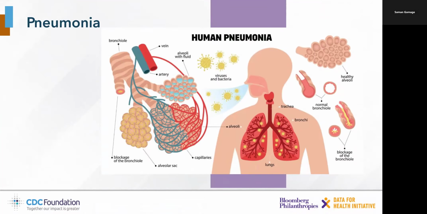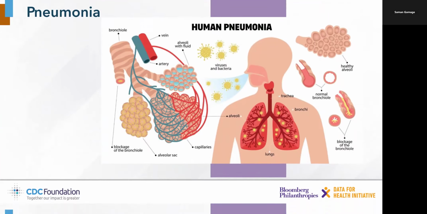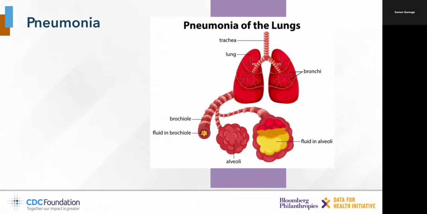There are phlegm-filled alveoli, the balloon-like structures inside the lung. Here you can see the normal bronchioles and then blocked bronchioles. And you can see the fluid in bronchioles and fluid in alveoli when there is pneumonia.